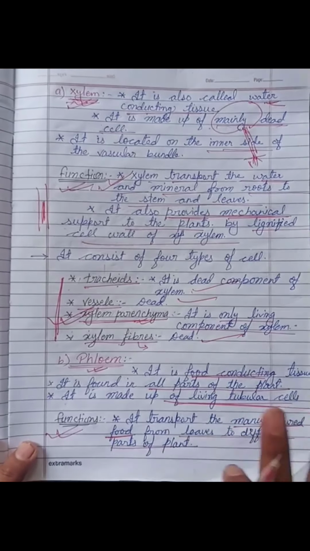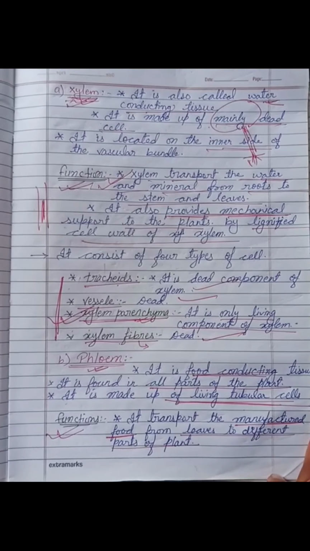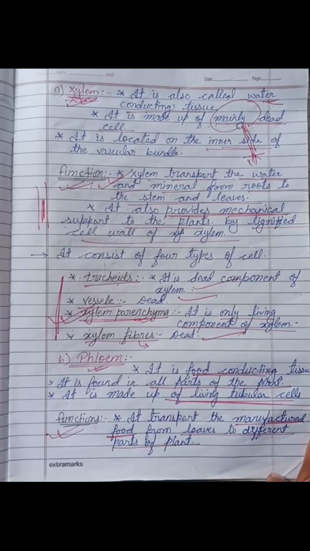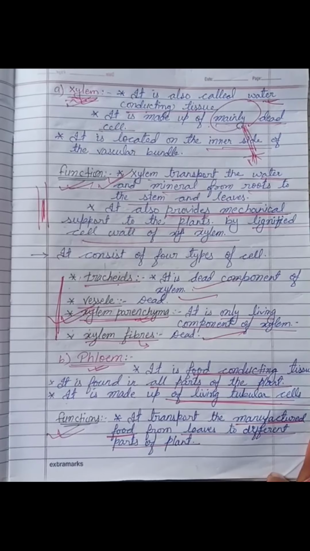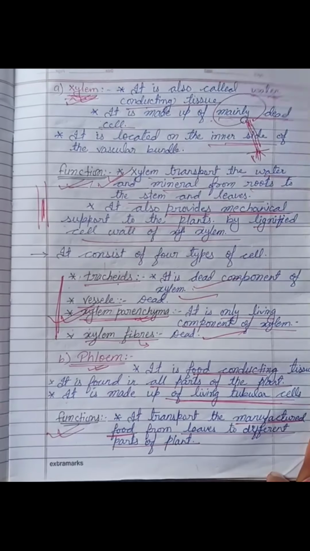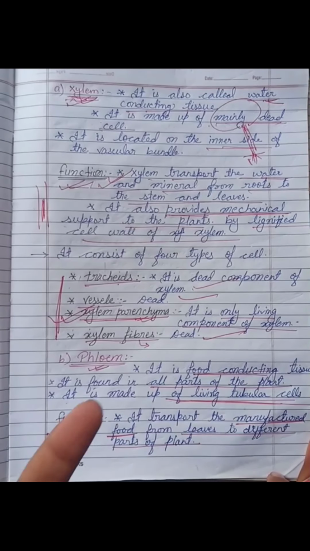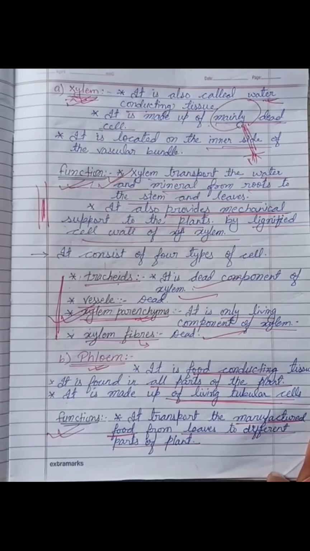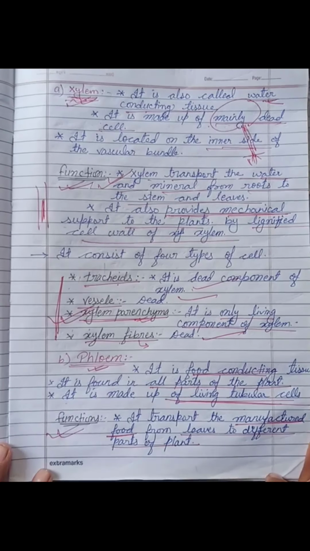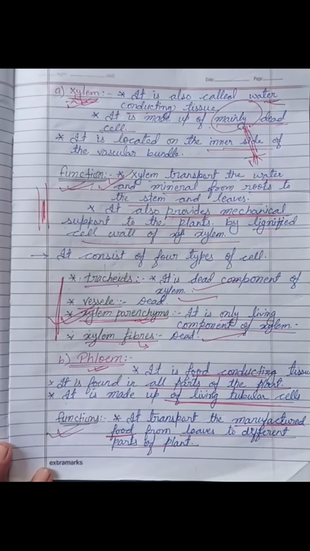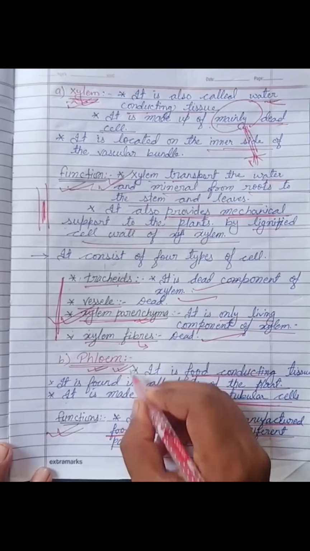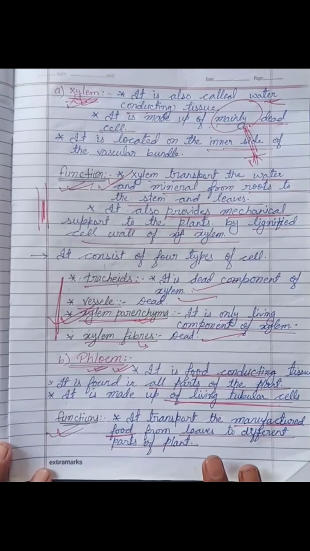That means in the leaf of the plant, photosynthesis takes place. That's why the prepared food in the form of glucose, sucrose or starch is transported from the leaf to the different body parts of the plant by phloem. Is it clear?